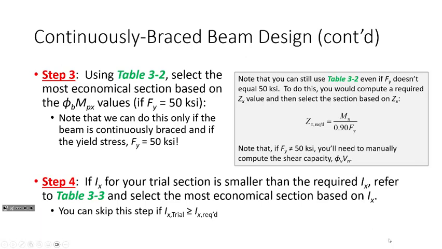If for some reason we're dealing with a steel grade that is not 50 ksi, what I can do is take that Mu from step 1, divide it by 0.9 Fy, and actually look up a section based on ZX.